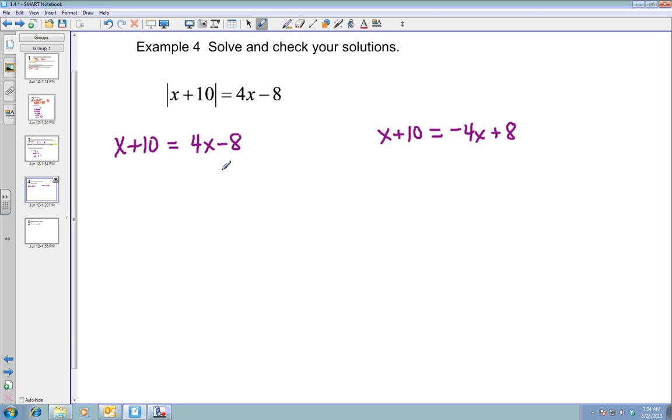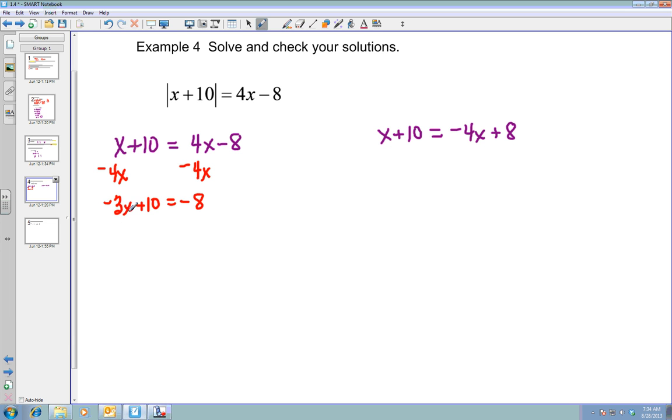So I'm going to solve this one first. Okay, I'm going to get my x's on the left-hand side. So I'm going to take this 4x and move it over. So I'm going to subtract 4x from both sides. Negative 3x plus 10. My 4x's cancel, and I get negative 8. My x's are on the left.